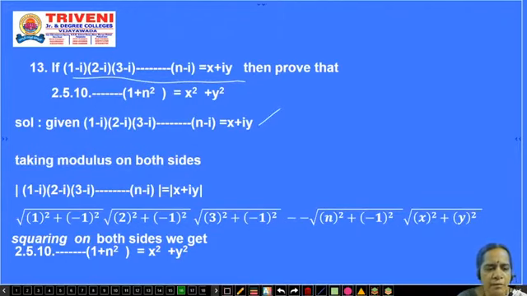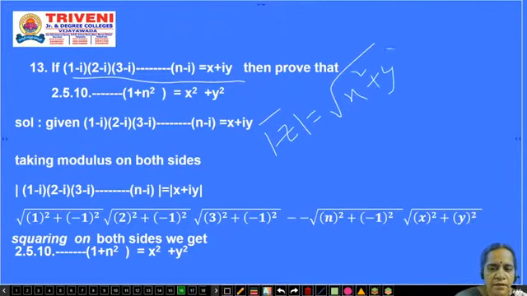Then taking modulus on both sides. Taking the modulus on both sides, modulus of z bar is equal to square root of x square plus y square. That is equal to, here x is 1 and y is minus 1, whole square, that is 1 square plus minus 1 whole square, into, here x is 2 whole square, y is minus 1 whole square, into square root of 3 square plus minus 1 whole square, and so on.